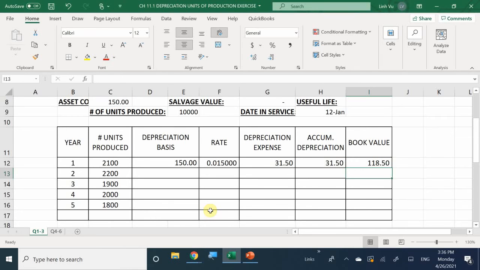Good. Let's go ahead and solve for the depreciation basis for year 2.